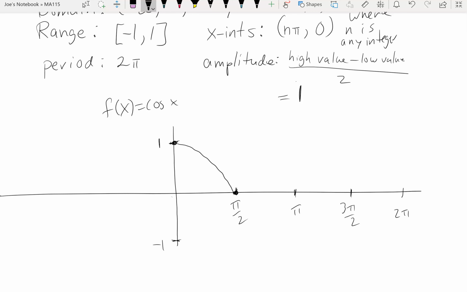From pi over 2 to pi, what quadrant are we in? The second. And what do we know about cosine in quadrant 2? Negative. So it makes sense that we're going to cross the x-axis and dip below, right? If the cosine is negative, the graph of this function better be negative, correct? Below the x-axis. So it's going to come down here to -1 and bottom out.